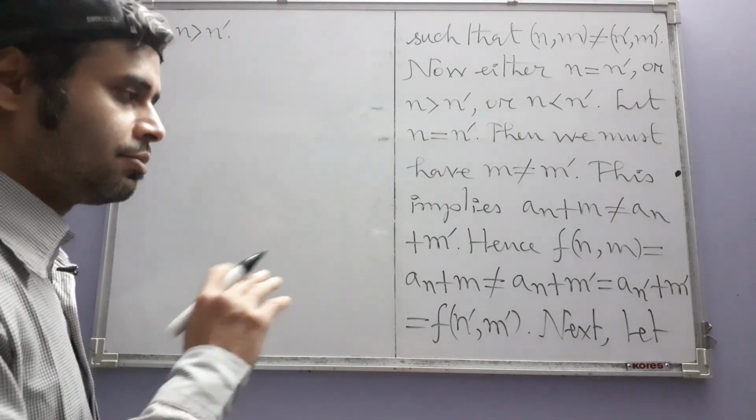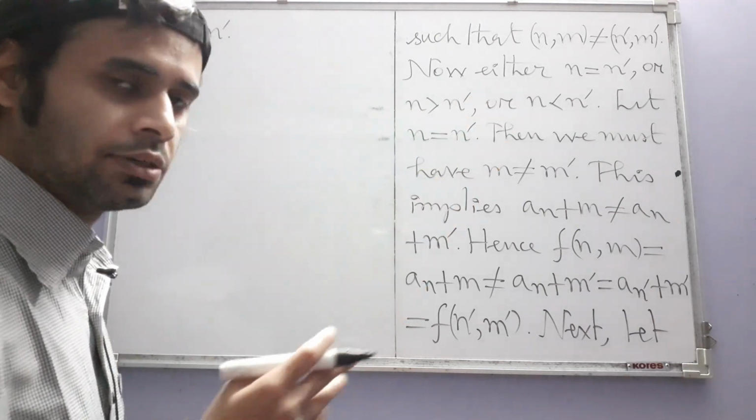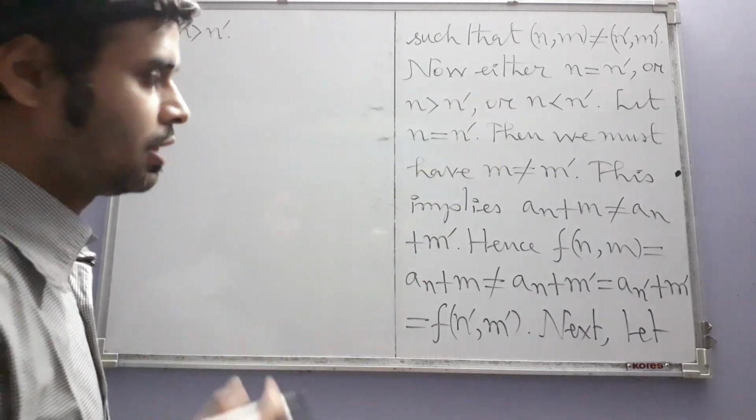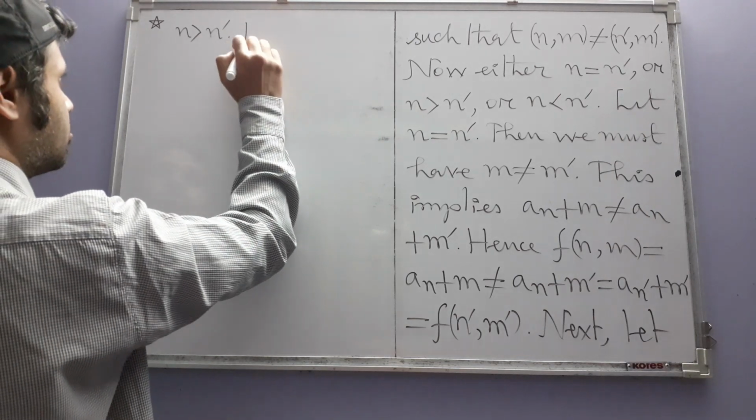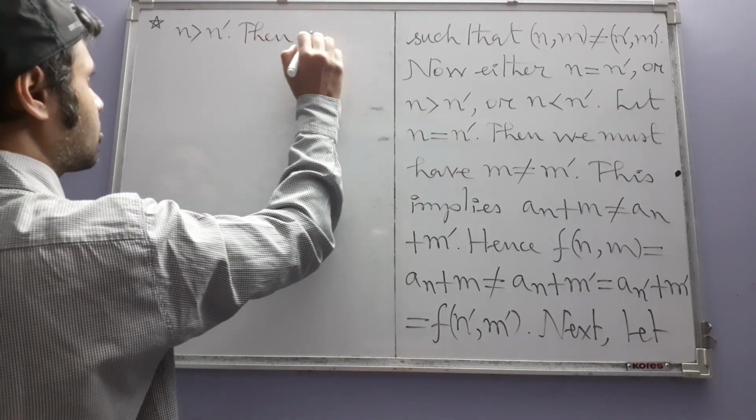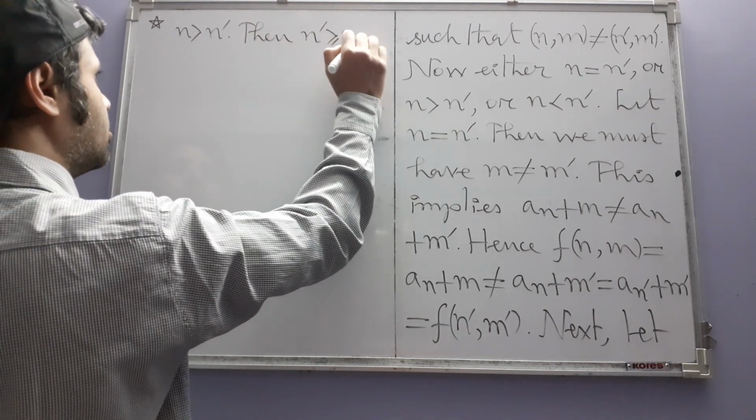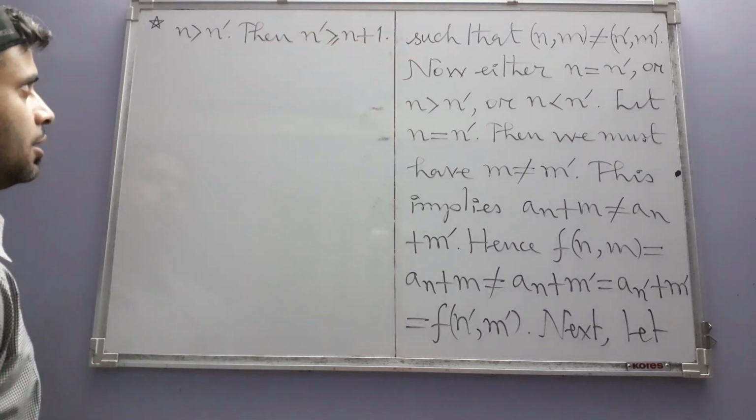A result that we saw way back when we were studying the system of natural numbers tells us this: then n prime is greater than or equal to n plus 1.